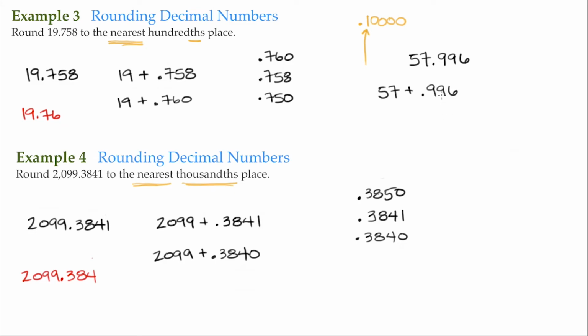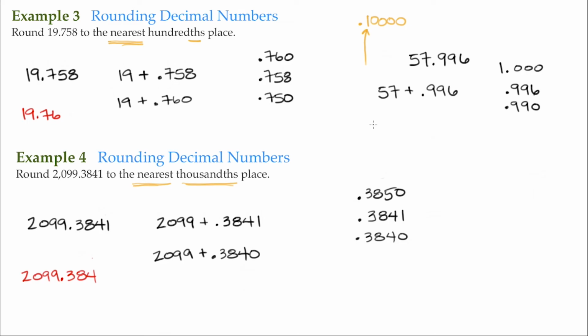So to round it to the nearest hundredth, it's either going to be 0.996 down to 0.990 or up to 1.000. Do you see that? Since it's this decimal here, and that's 5 or greater, then it's going to go up to the 1.000 here.